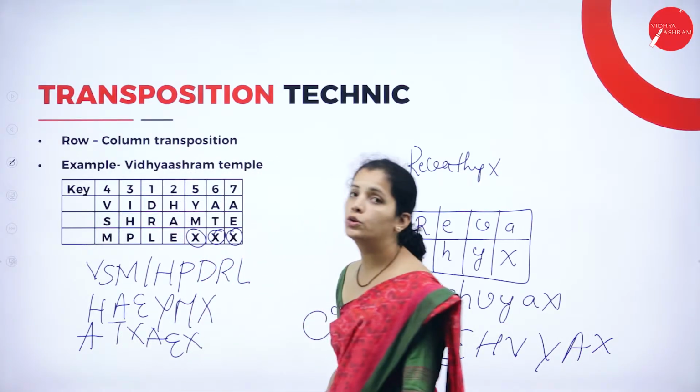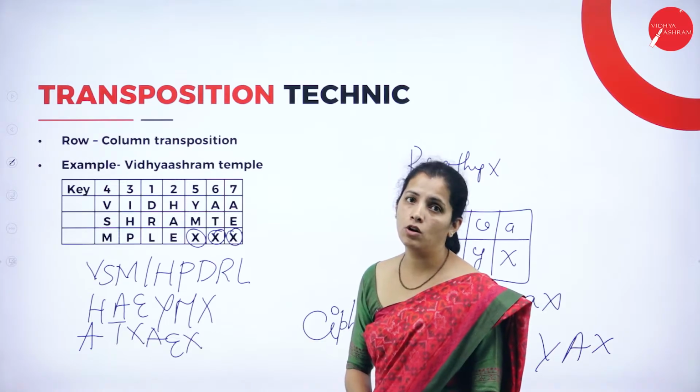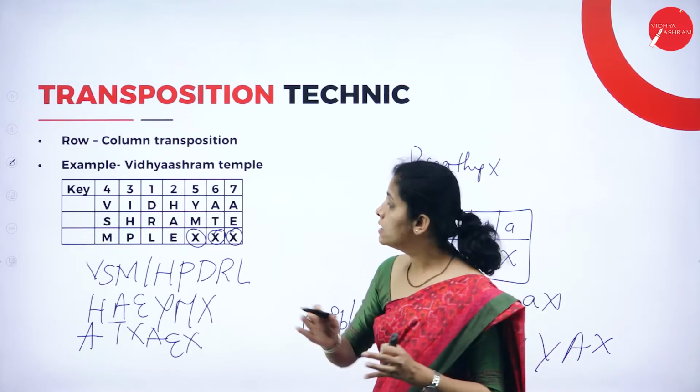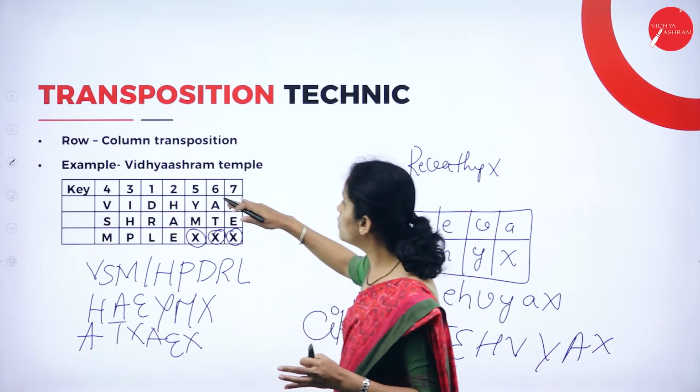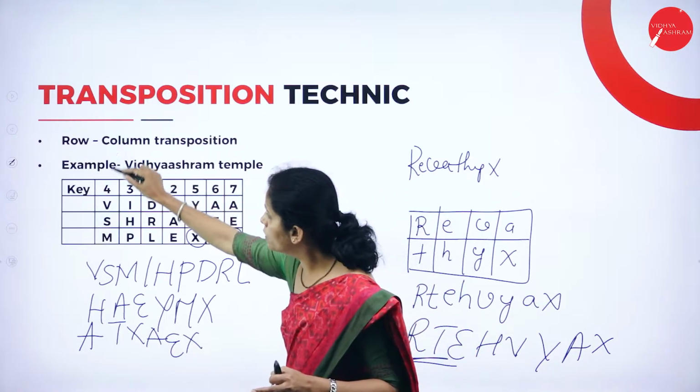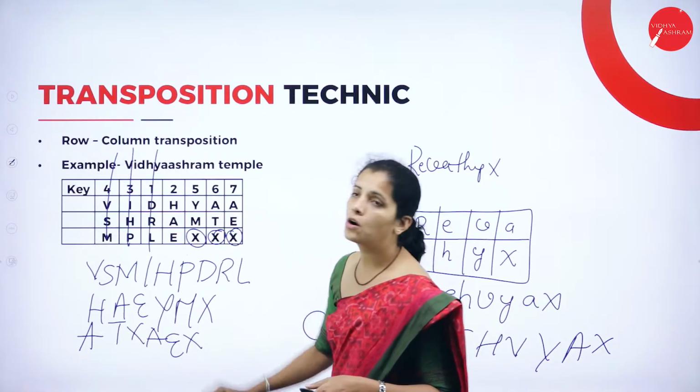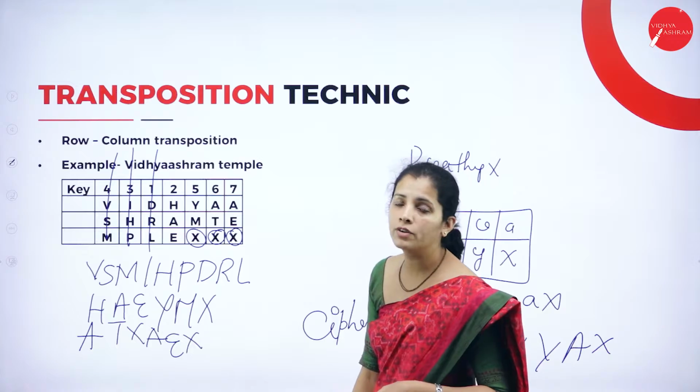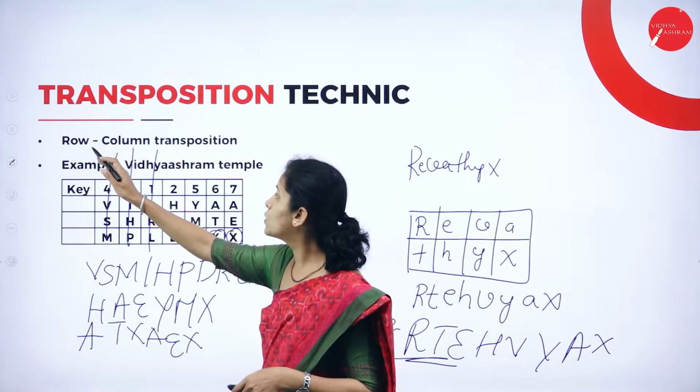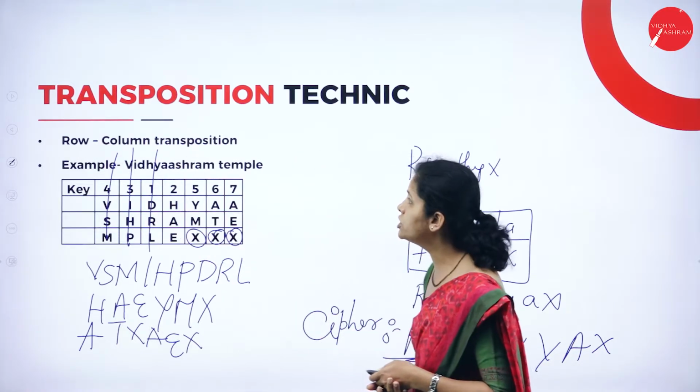That means I'm going to read column by column. How am I going to write? I'm going to write row by row, and while reading, I'm going to read column by column. And this kind of transposition is called row column transposition.